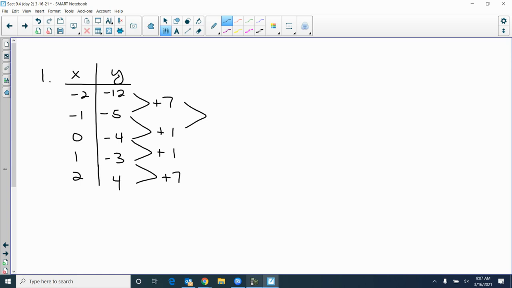So what would be this? 7 to 1 would actually be minus 6. 1 to 1, you put 0, it doesn't go anywhere. And 1 to 7 would be plus 6. You get these same numbers by taking the second number minus the first number. If you want to use your calculator, you would do 4 minus -3. But since these are not the same, it means it is not quadratic.